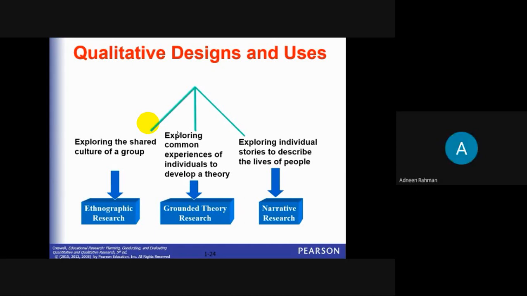So, exploring individual stories to describe the lives of people. It may be a different story. You can also see motivational stories. What is the purpose? To motivate people, by sharing individual stories that are very exciting. A single story may change the whole life of you. Possibilities are there.